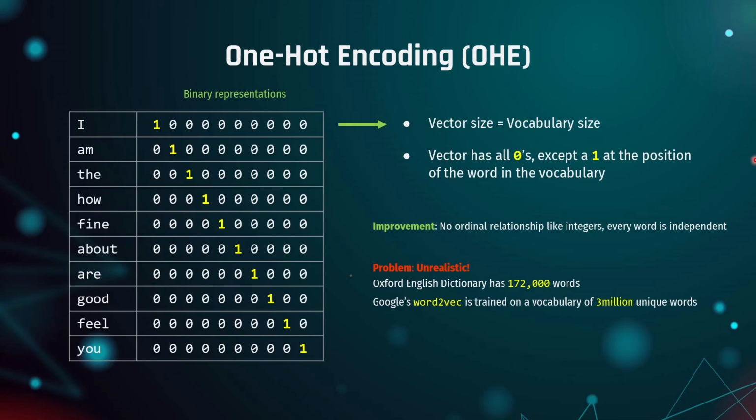So although আমাদের imaginary vocabulary has only 10 words, and one hot encoding might work well with 10 words, but think about 3 million words. আমাদের vocabulary, the size of our vocabulary, if it itself is 3 million, তাহলে সেই ভোক্যাবুলারির প্রত্যেকটা ওয়ার্ডকে যদি আমরা ওয়ান হট এনকোডিং দিয়ে রিপ্রেজেন্ট করতে চাই, তাহলে it will look something like this. একটা 1 on the position where the word lies in the vocabulary, আর তার বামে আর ডানে it will be surrounded by millions of zeros, right?